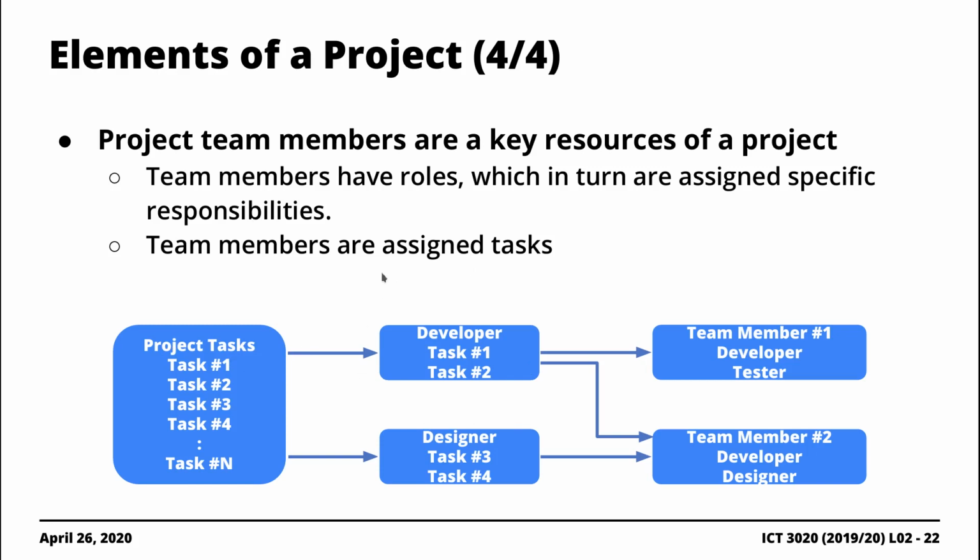So there'll be tasks related to programming, tasks related to designing of the software, tasks related to requirements analysis or engineering. And then you might decide as a group that amongst the four of you, you will have individuals assigned the role of requirements engineers, developers, designers and testers. After you do that, you'll be able to distribute these tasks based on the roles that the different members are exhibiting.